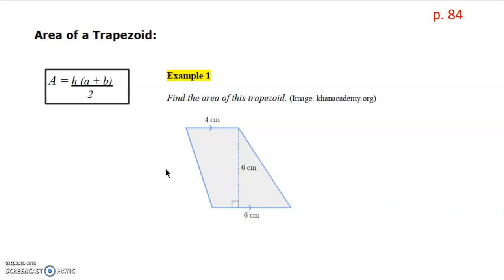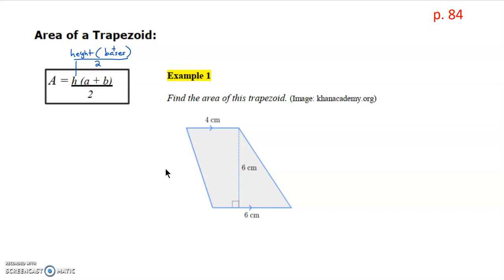For a trapezoid, we need to use a different formula in order to calculate the area. So this formula is the height times the bases, and we'll talk about how to identify the bases, divided by 2, and the bases are added together.